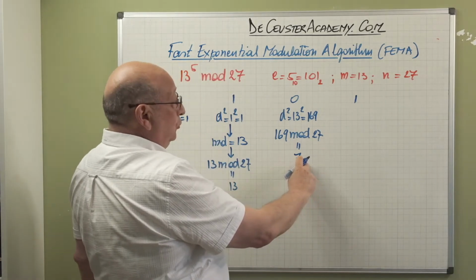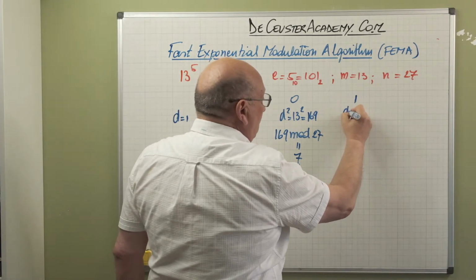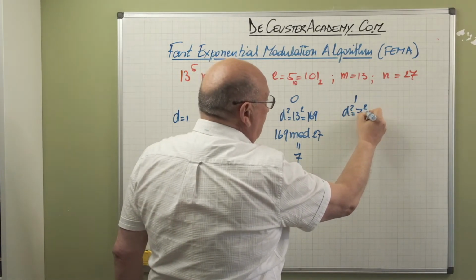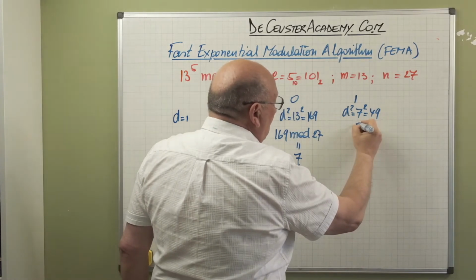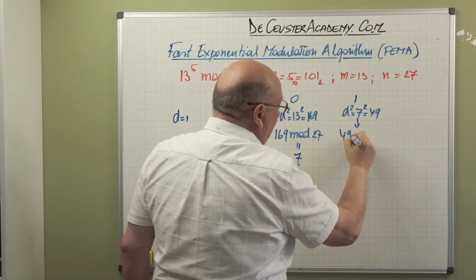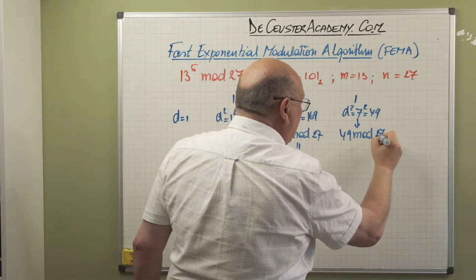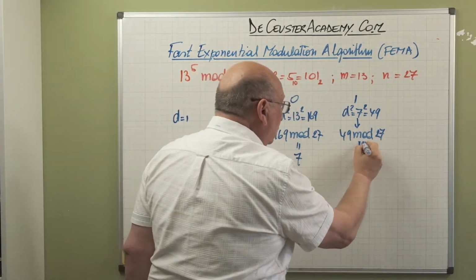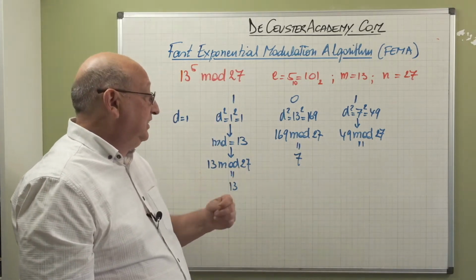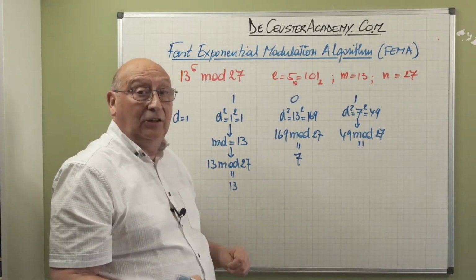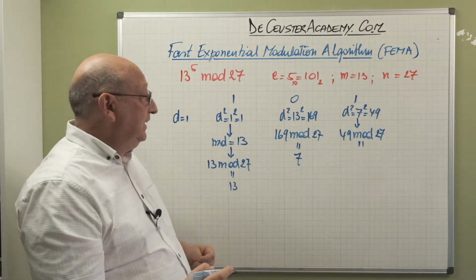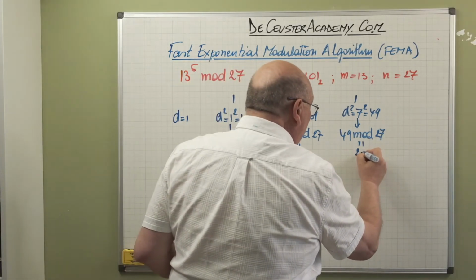So now we have the new d, which is 7 to the square, now 49. So we have 49 modulus 27, which is equal to, when we subtract 27 from 49, we see that this is equal to 22.